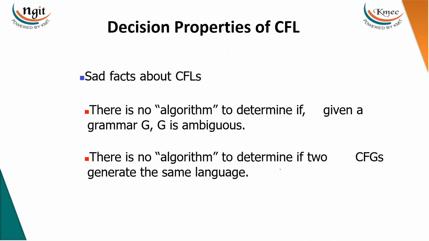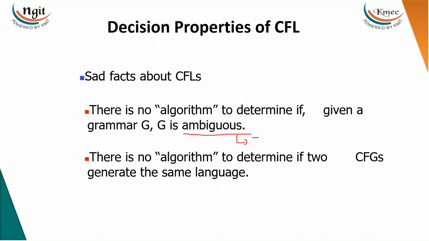Let me go with some other decision properties of CFL. As I told you, all the properties of regular languages are decidable, like equalness and emptiness. But some problems in CFL are not decidable, meaning we can't write an algorithm to prove them. The best example is ambiguity, which we have already discussed.